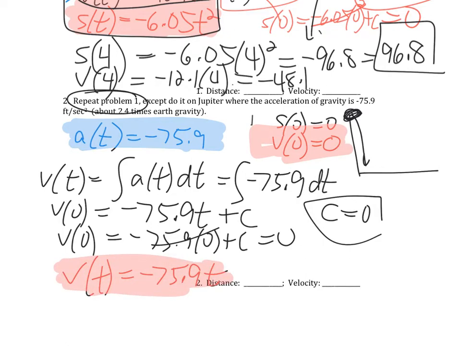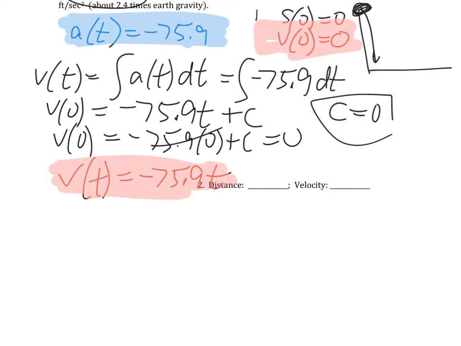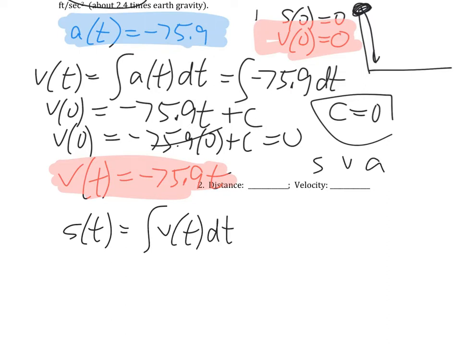And then now to get the position function, we're going to integrate the velocity. So the key is just to remember to go from the position to the velocity to the acceleration, to the right, you differentiate. To the left, you integrate.